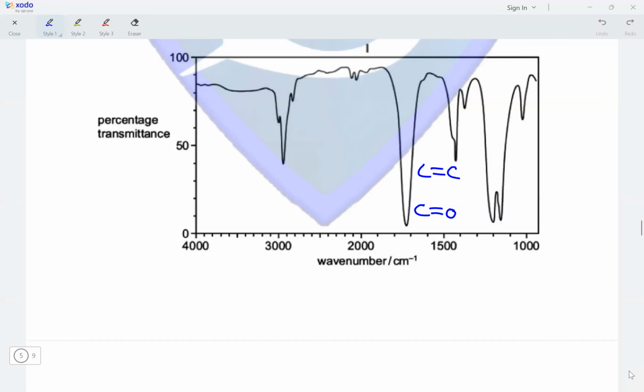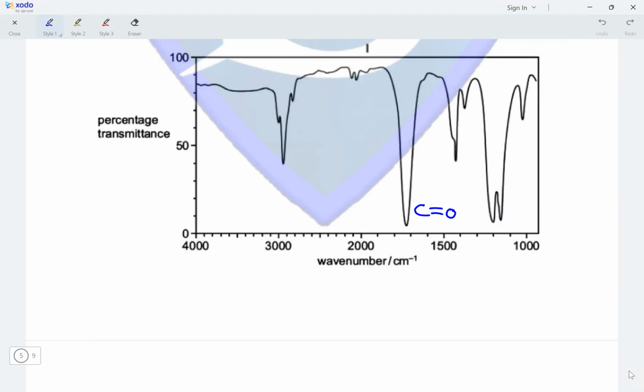However, since the molecular formula contains two oxygen atoms, this peak is not due to the C double bond C group and is definitely due to the C double bond O group.